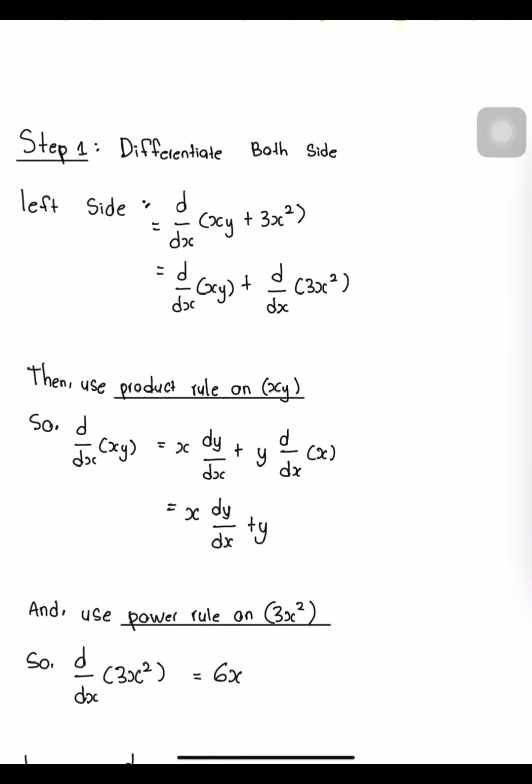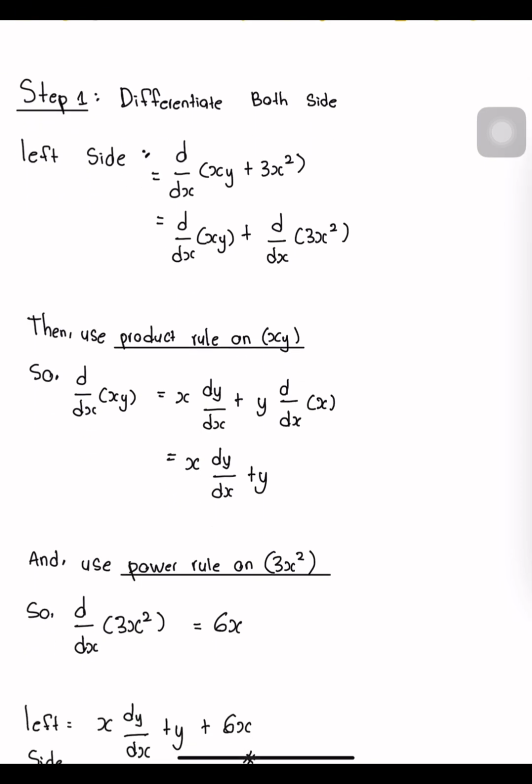So for the left side, d over dx of xy plus d over dx of 3x squared. Let's use the product rule on xy. d over dx of xy equals x times dy over dx plus y times d over dx of x, and we get x times dy over dx plus y.